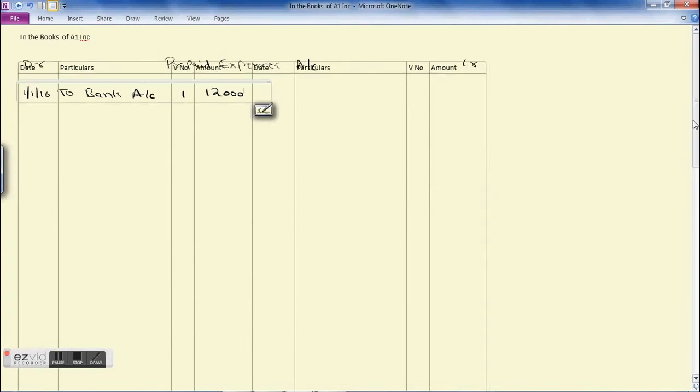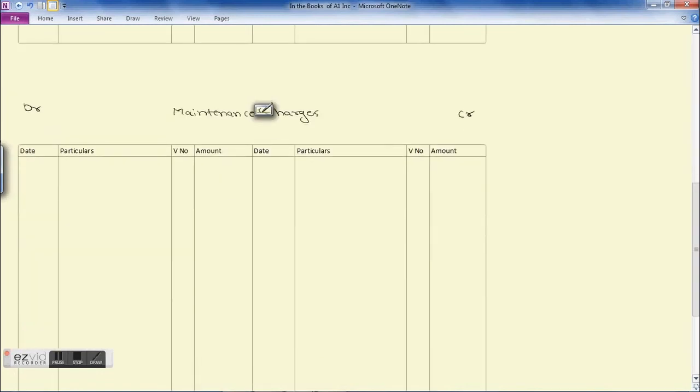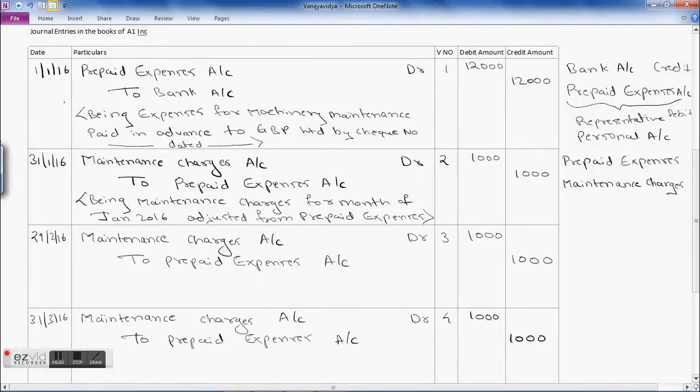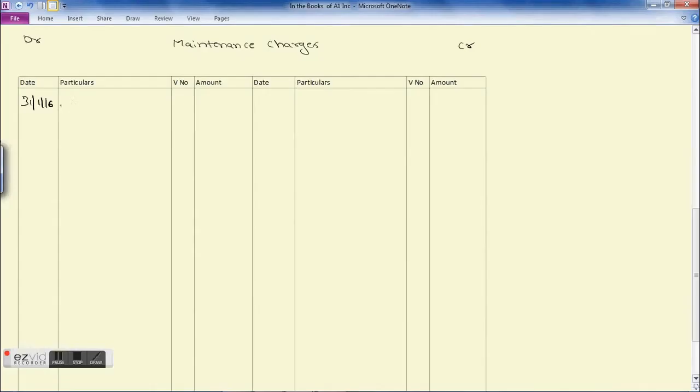So maintenance charges account debit, so we'll go to maintenance charges account, and what is the date? 31/1/2016. So maintenance charges account debit to prepaid expenses account, amount is 1000. So on debit side we'll write this 1000.